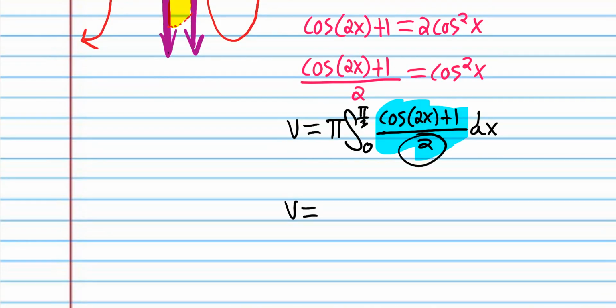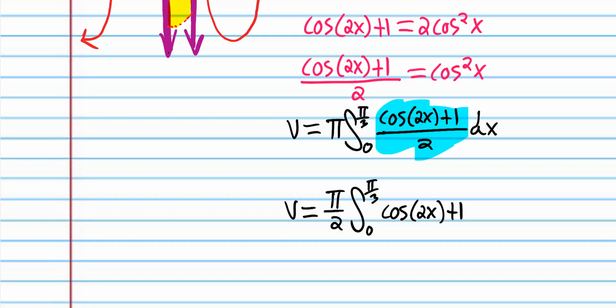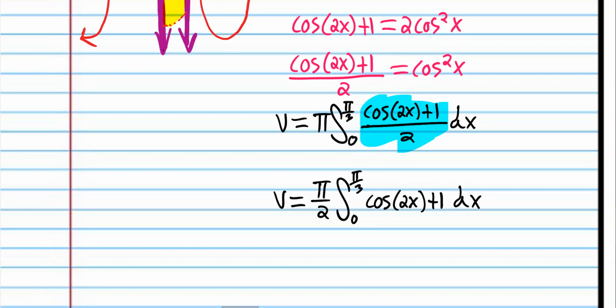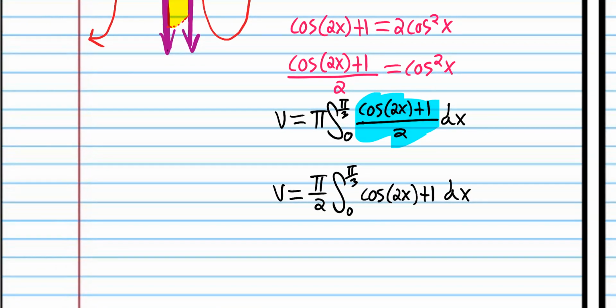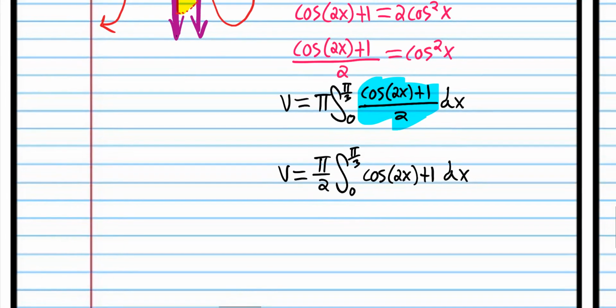Now I'm going to take this 1/2 out, make it pi over 2. A lot of students may object to that, say, no, you can't do that. But all we did was just factor out 1/2. If you multiply this expression by 1/2, you'll see that you get to this. You have a common denominator, add the two terms together.